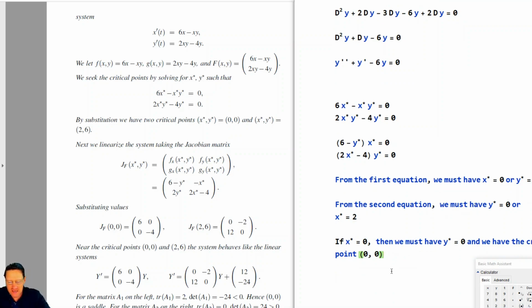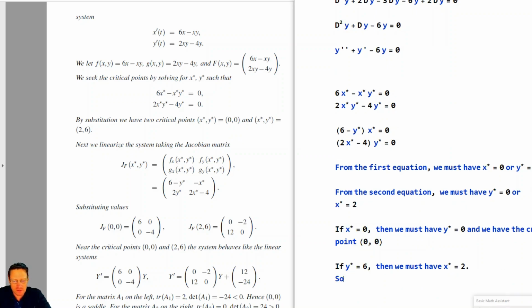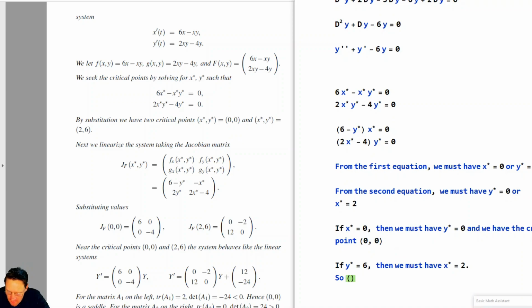So let's look at the next case. If y star equals 6, then we can see that y star is not 0. So we must have x star equals 2. Okay, so those go together. So 2, 6 is the only other critical point.